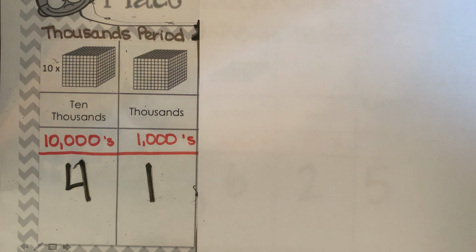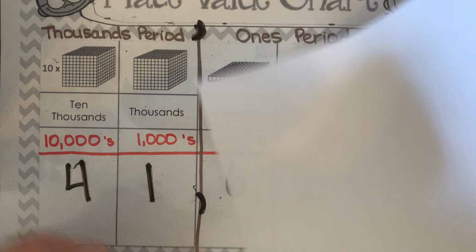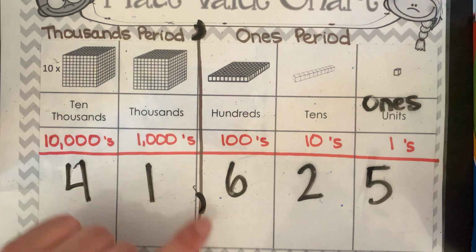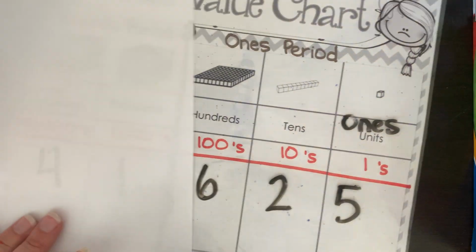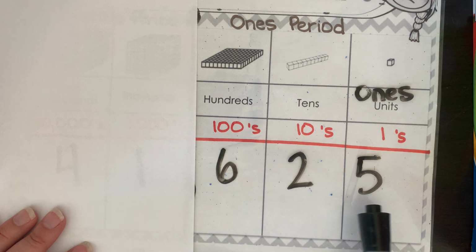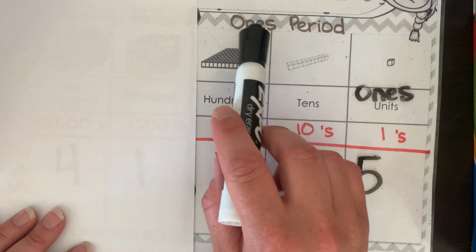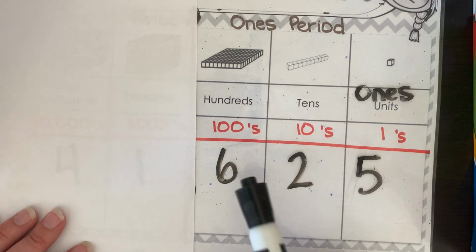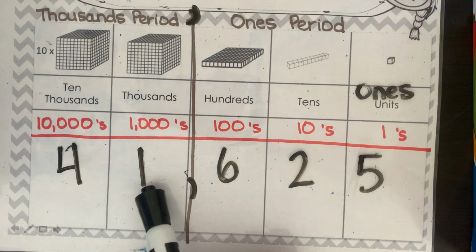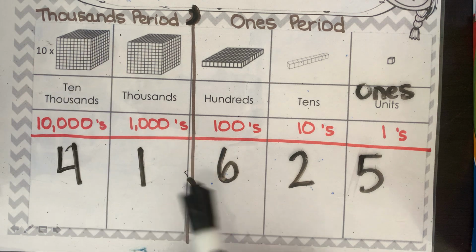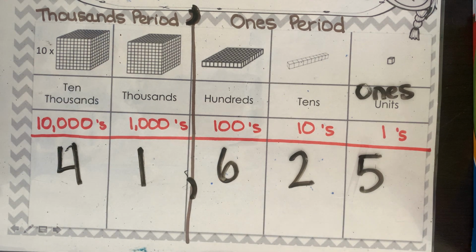So I'm gonna read this as 41,000. And then I have the number 625. And I don't have to say that it's in the ones period, I just read the number. So altogether this would be 41,625.